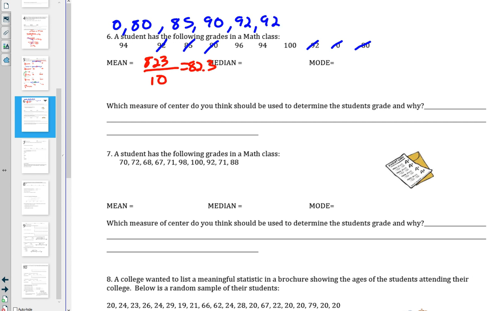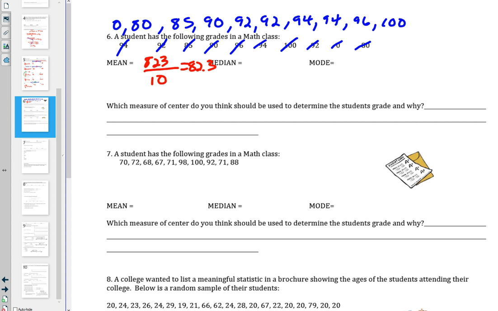And then 94. There's also 2 of these. And then 96, and then 100. Is that 10? It is.